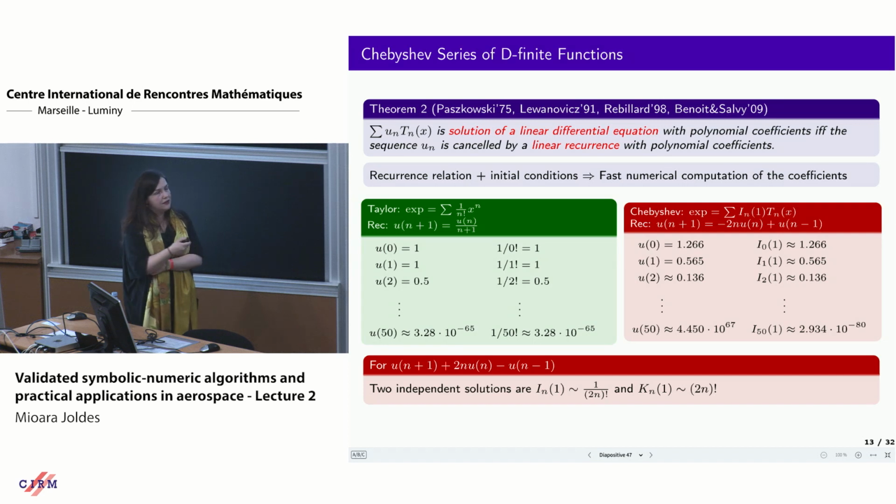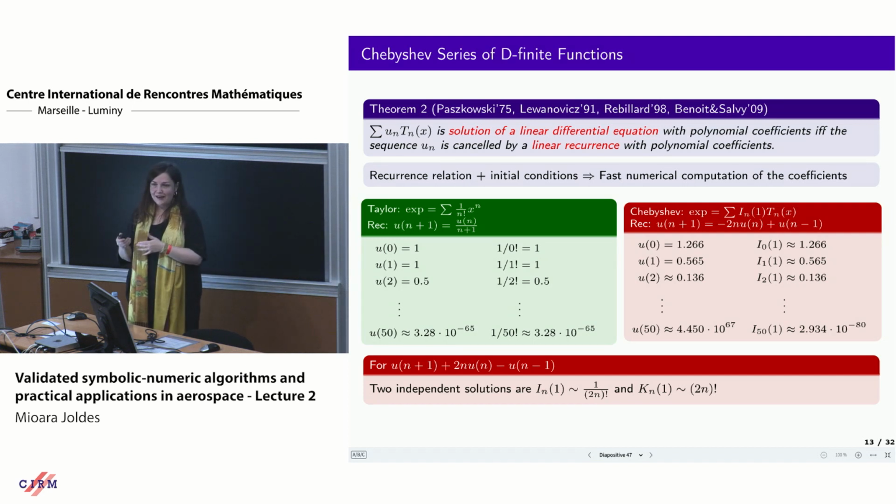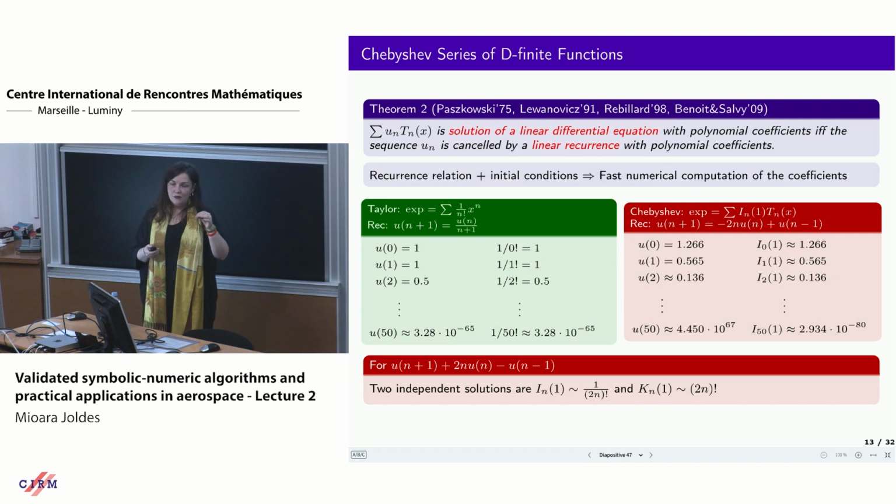But if I start from some very high index coefficient, and I try to unroll my recurrence backward, then the phenomenon will be just reversed, because now this one will become the convergent one, and this one the divergent.